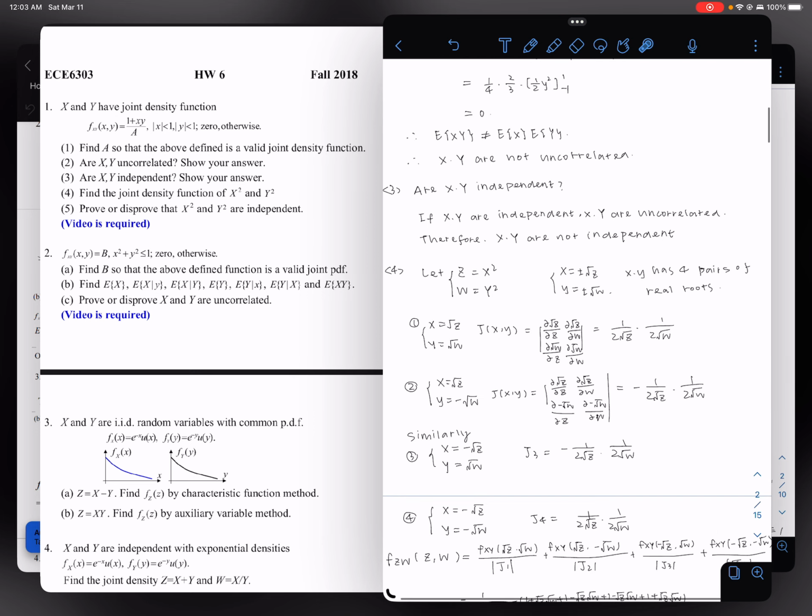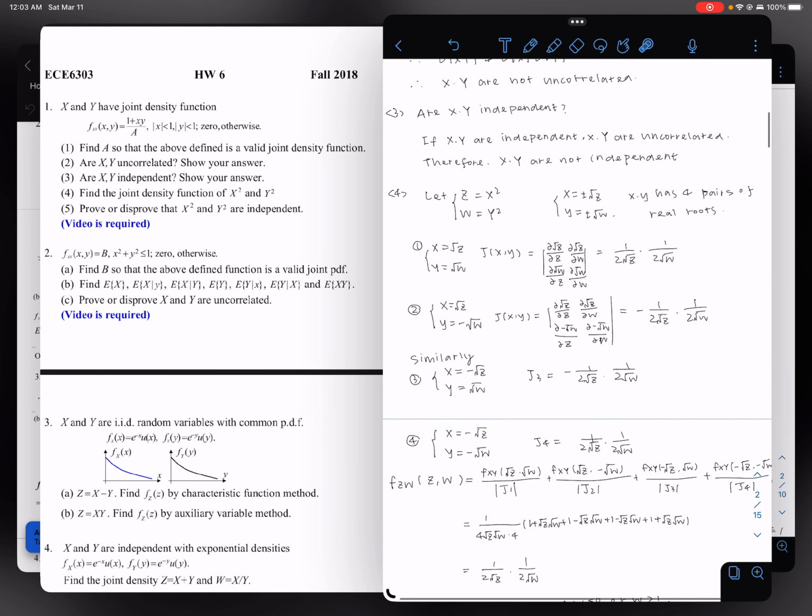And then for each pair of roots, we can get the Jacobian matrix, the Jacobian determinant, and then we have 1 over 4 times square root of z times square root of w.